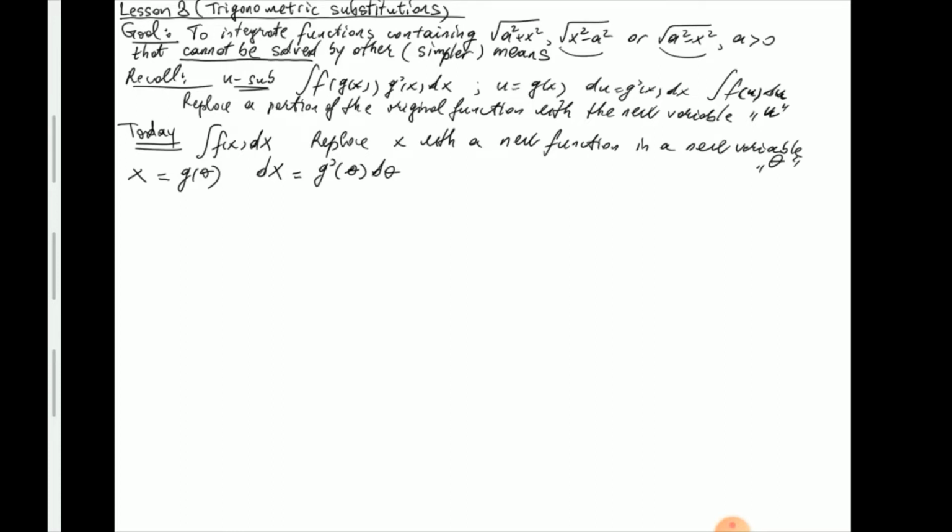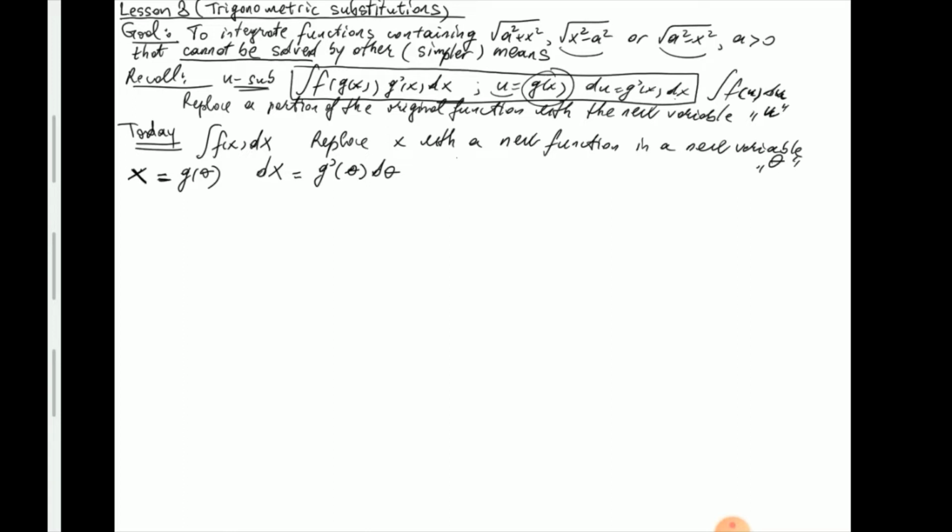Compare it with the previous case, when the existing g prime of x dx became du, because g of x was replaced by a new variable u. This is kind of the other way around. The original variable x is going to be replaced by a new function. dx becomes g prime of theta d theta, same formula, that's the differentiation formula, or the formula for a differential of a function.